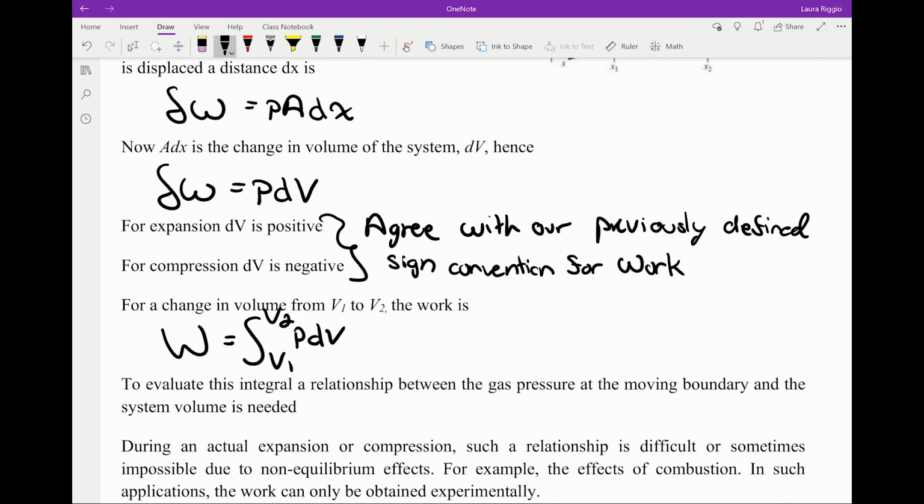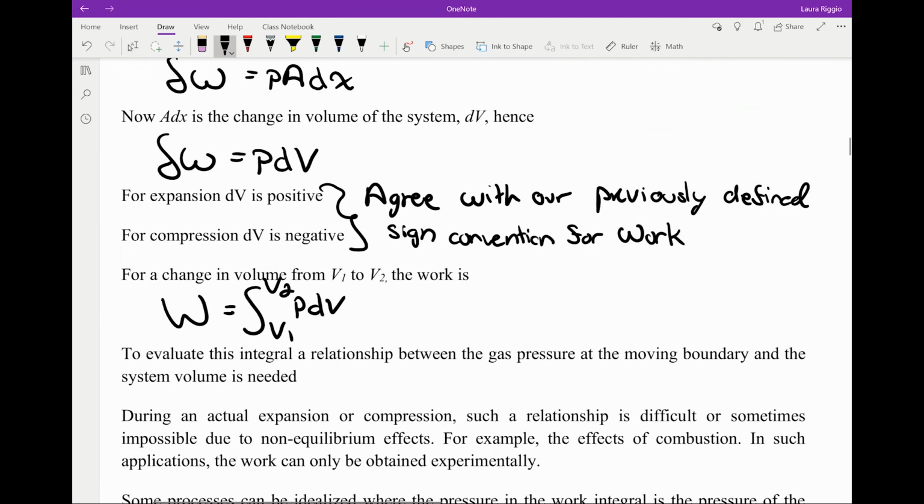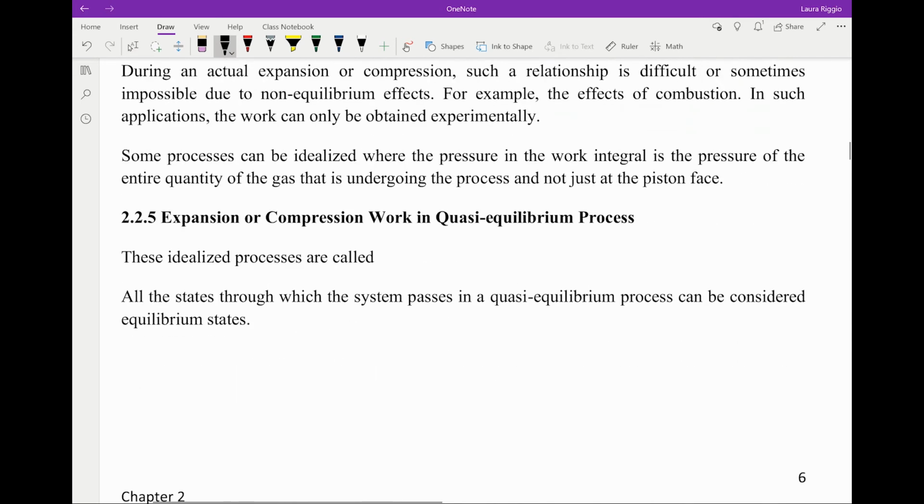To evaluate this integral, we have to have some kind of relationship between the gas pressure at the moving boundary and the system volume. During an actual expansion or compression, having a relationship is very, very difficult, and sometimes it's impossible due to non-equilibrium effects that are present in your system.